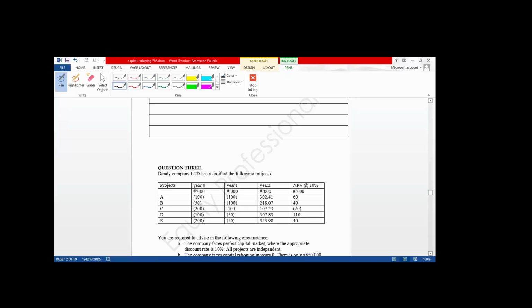This question is long, but it touches all aspects of capital rationing. Please allow me 1 minute. I'll be back. I'm going to pause the class. So please refer to that page. Let's get ready.